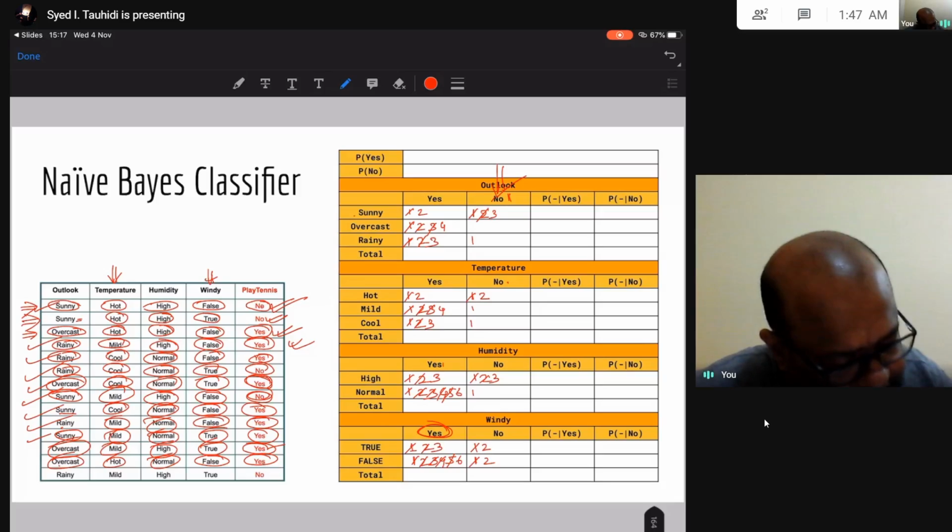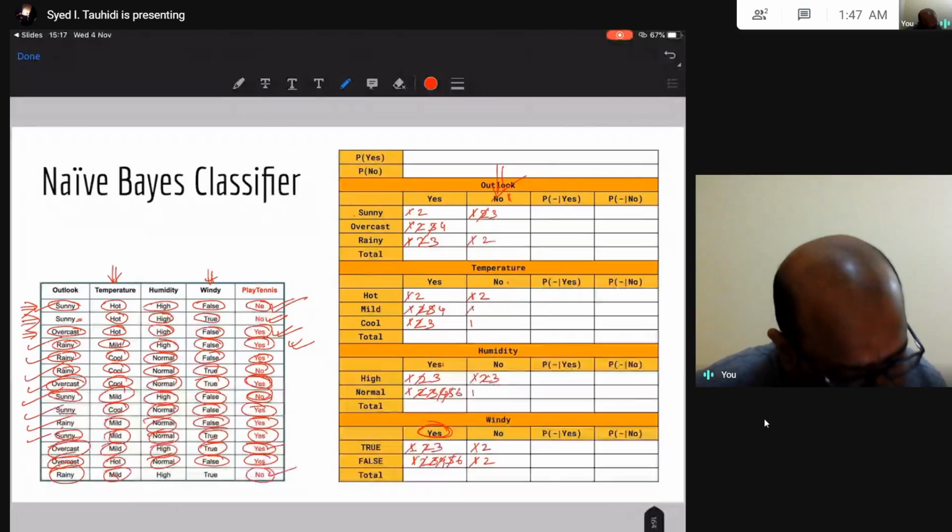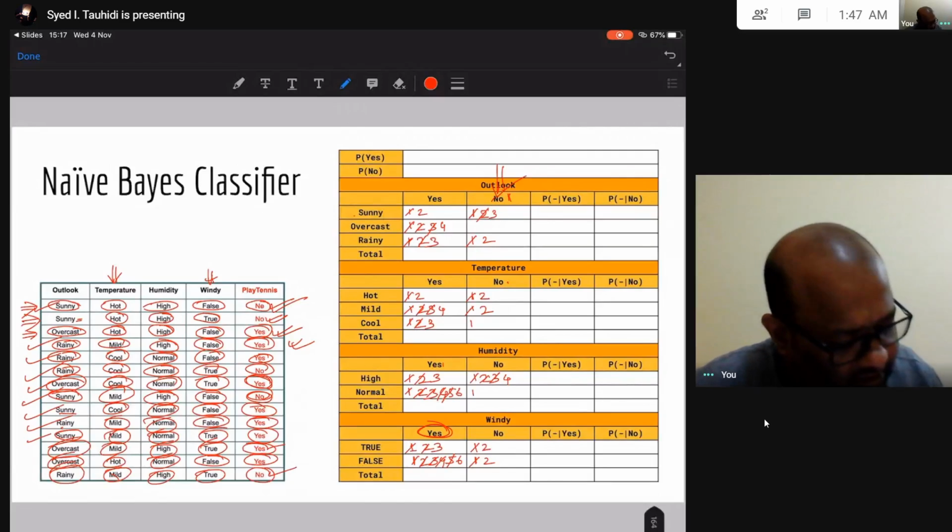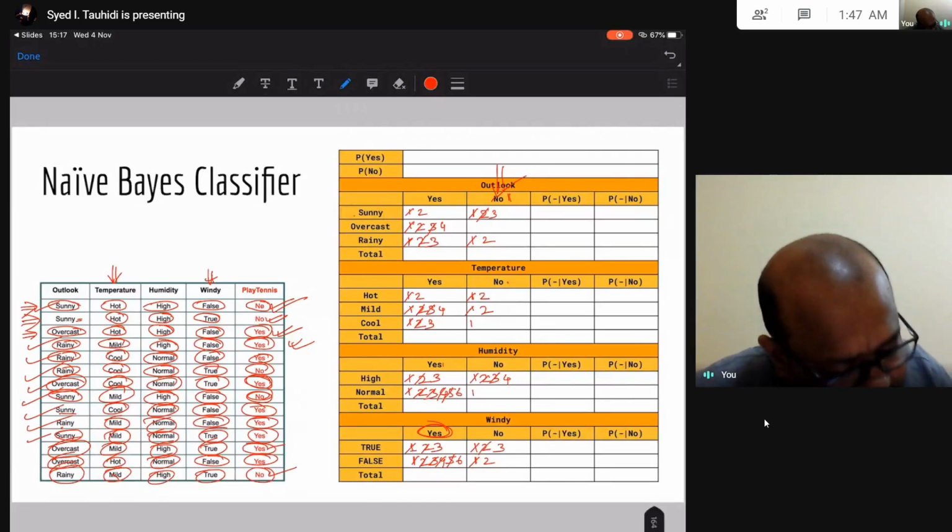Right, now I have no. I will work in this column, no's column. Rainy, I am incrementing, mild, I am incrementing, high, I am incrementing, and true I am incrementing. Alright, so let me clean up all the clutter. I have 2 over here, I have 4 here, 3 here.